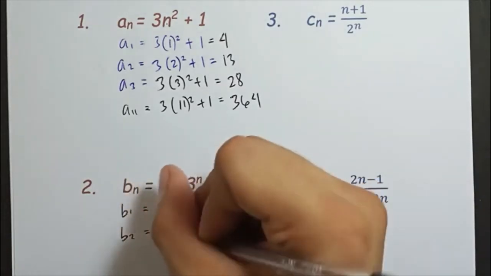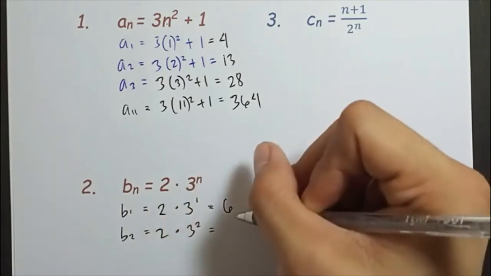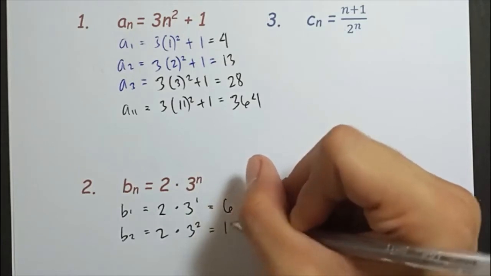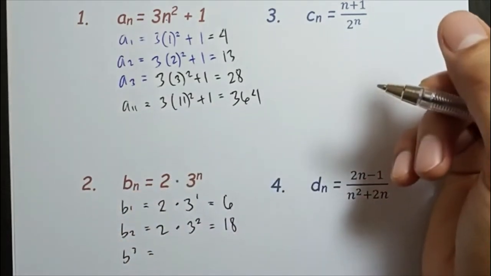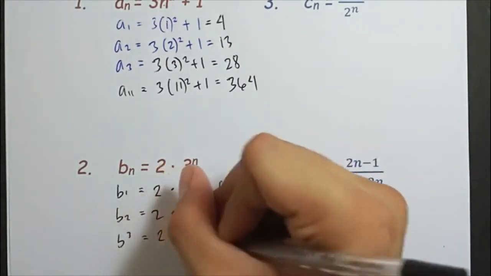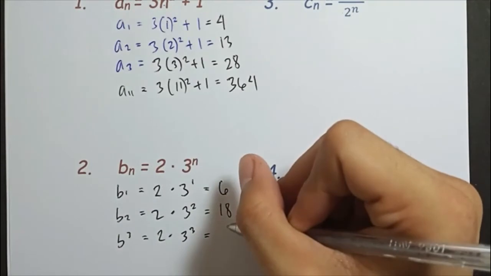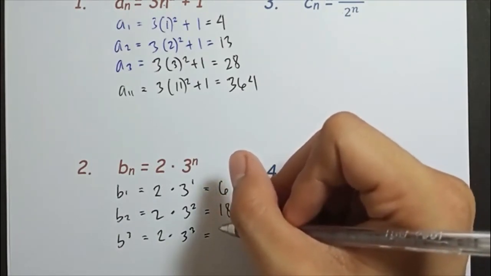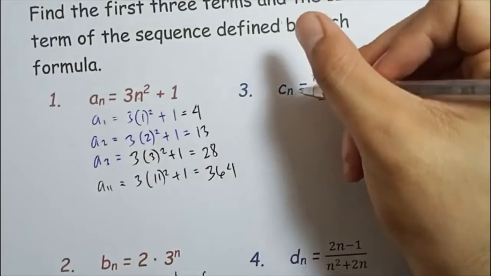B sub 2 equals 2 times 3 raised to 2. 3 squared is 9 times 2 is 18. Then, b sub 3 equals 2 times 3 cubed. So, 3 cubed is 27. Times 2 is 54.